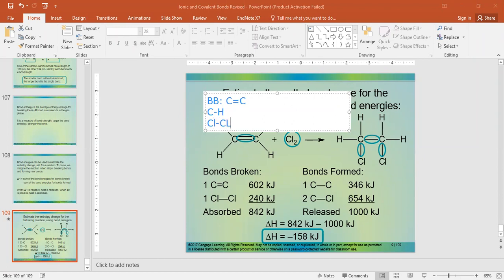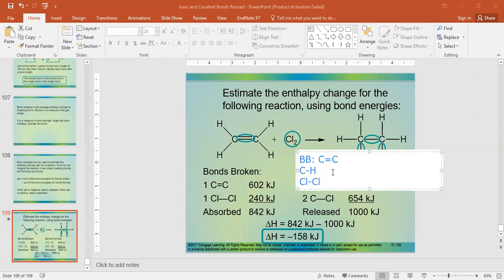Those are the three types of bonds that are going to be broken. If you look at the carbon double bond, it is only one. But the carbon hydrogen bonds are four. Then the carbon chlorine bond is only one.